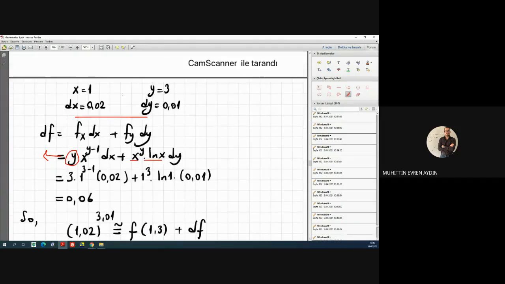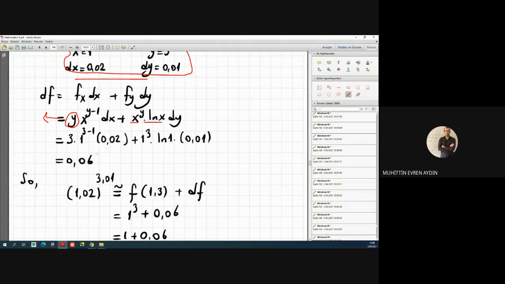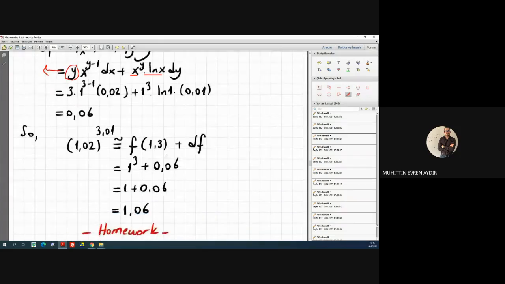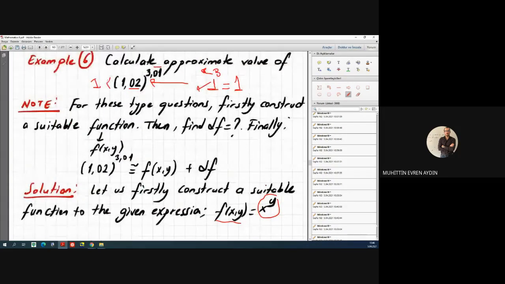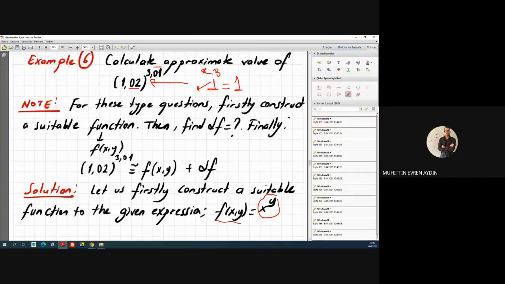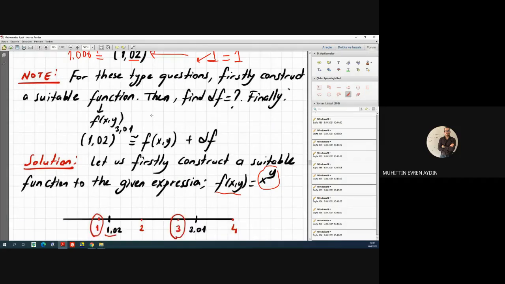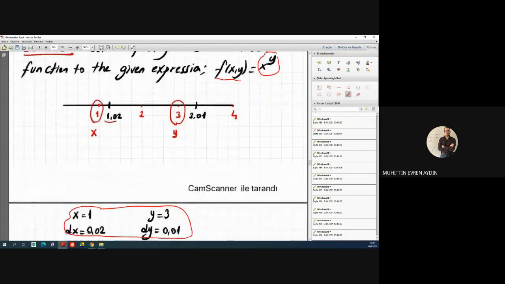And finally, if you replace x, dx, y, and dy with these values, you obtain 0.06, which means that we say this is clearly greater than 1, then here it equals approximately 1.006. Yes, and you see at the diagram, x, 1, y, so the result is 3.